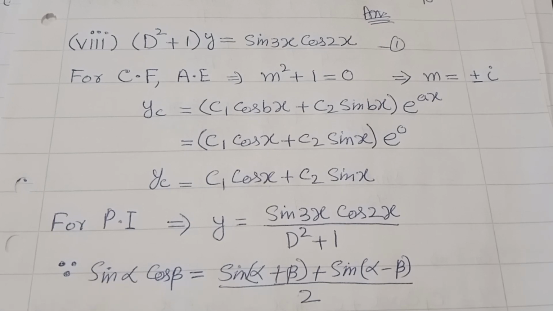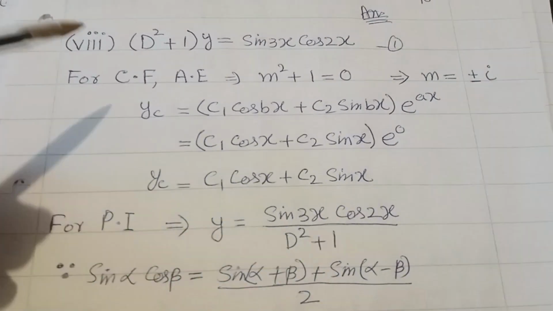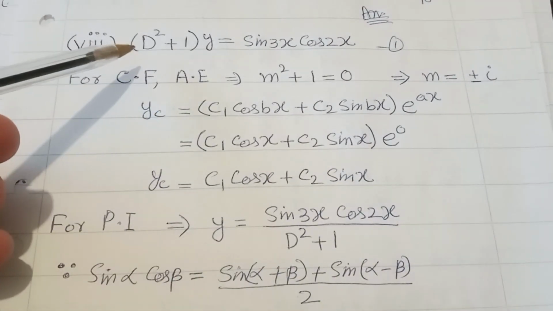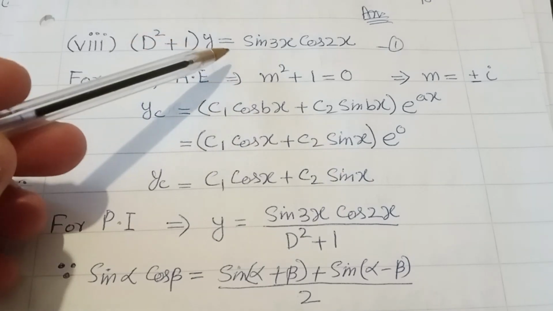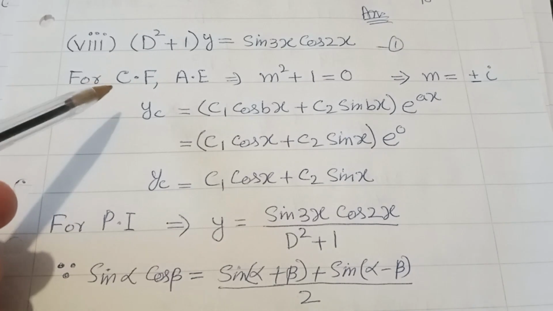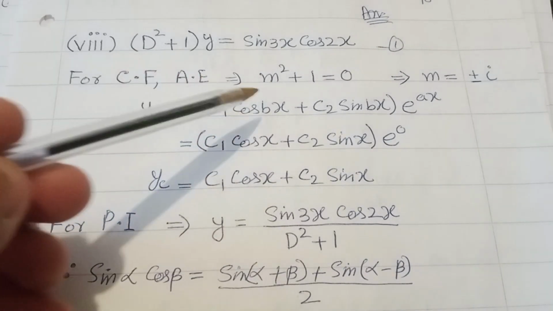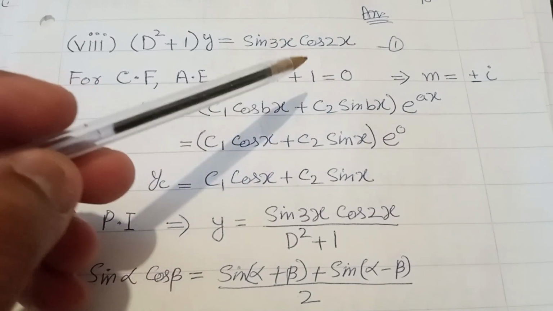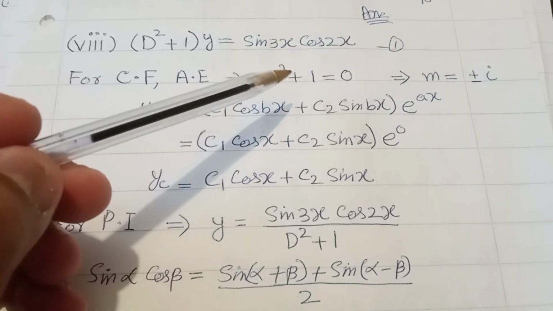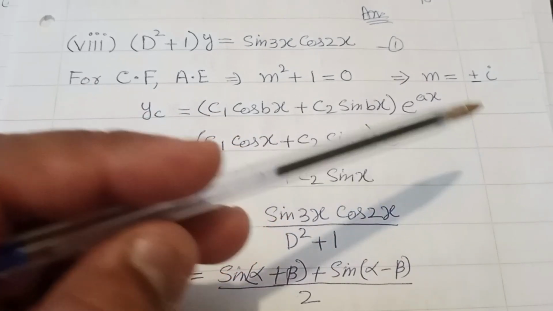Here, at the left hand side we have (d square plus 1) into y is equal to sin 3x cos 2x. First we will find the complementary function. The auxiliary equation at the left hand side will be m square plus 1. So from here we get the root m is equal to plus minus iota. These are complex roots.